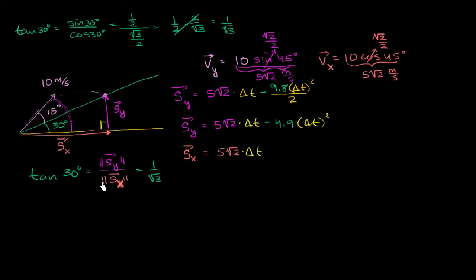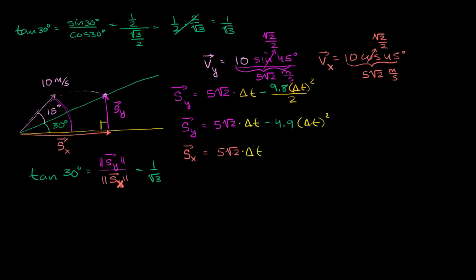What's useful about this is it gives us a relationship between our horizontal and vertical components. And we can use this constraint right over here to then solve for one of these two. Let me show you how we'll do it. Let's just explicitly write this. Let us cross multiply here, which is really the same thing as multiplying both sides by the square root of 3 and the magnitude of our horizontal component.